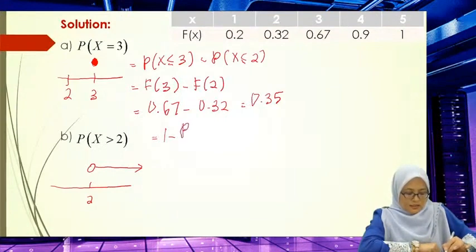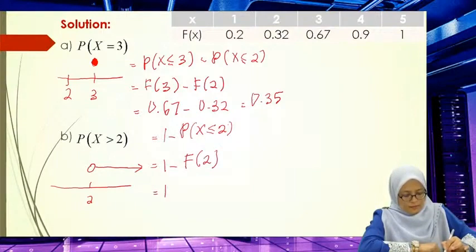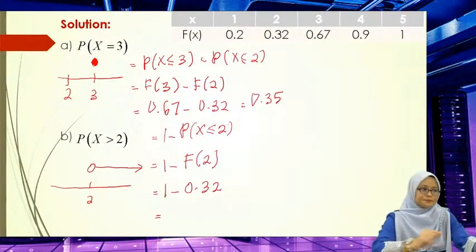So means that kita akan buang probability X less than or equal 2. So buang yang kita tak nak. So 1 minus, ini boleh ubah jadi capital F value 2. So 1 minus 0.32. So kita akan dapat 0.68.